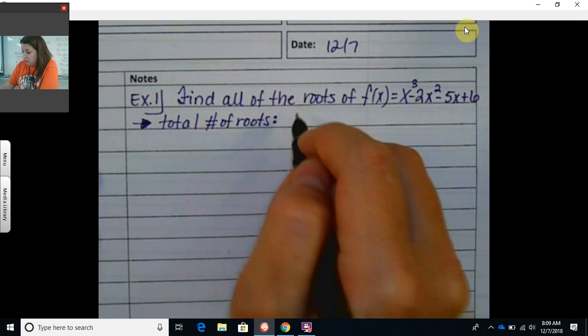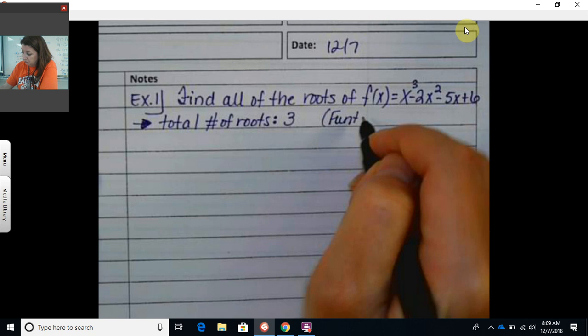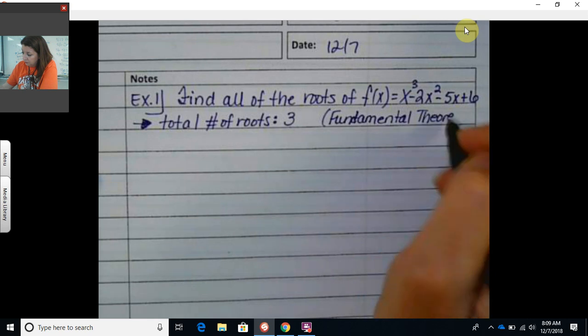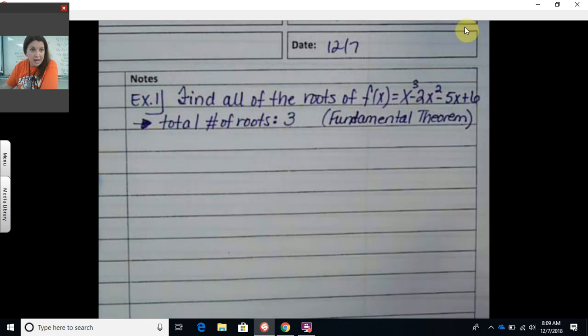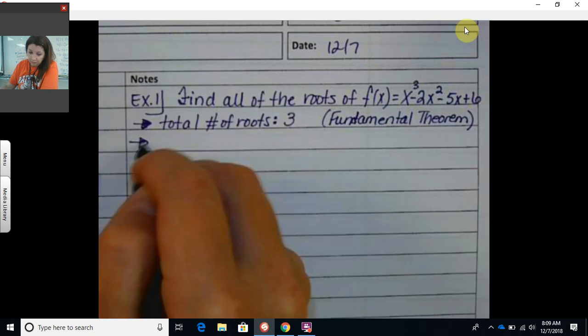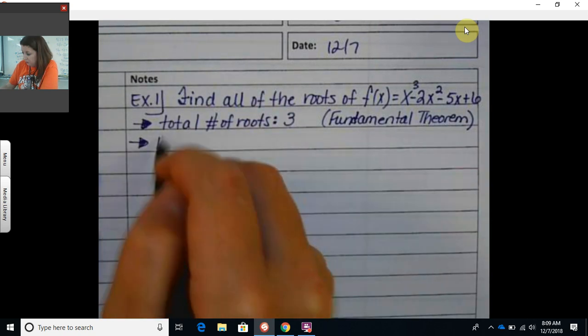So 3 altogether, and that comes from the fundamental theorem. 3 roots altogether. Your highest degree tells you your number of roots altogether, real and complex. Okay. Now I want to know the number of positive real roots.